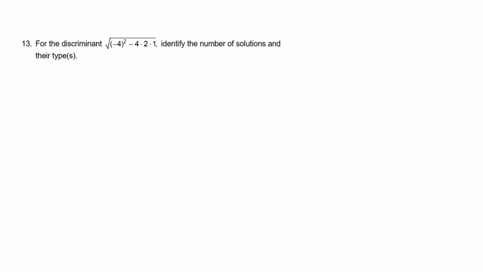This one says, for the discriminant, identify the number of solutions and their types. So let's think about what the discriminant is going to tell us. If the discriminant is equal to 0, that means our parabola is touching, the vertex is on the x-axis. It could be like this also.